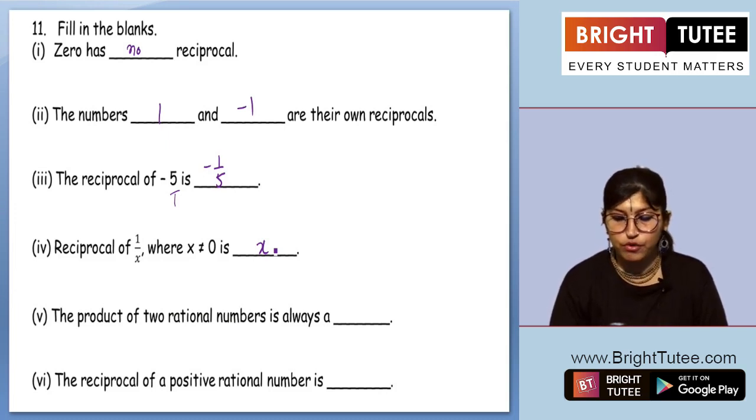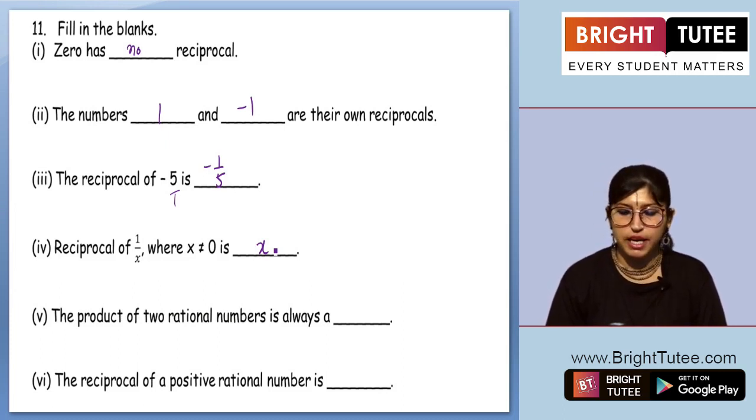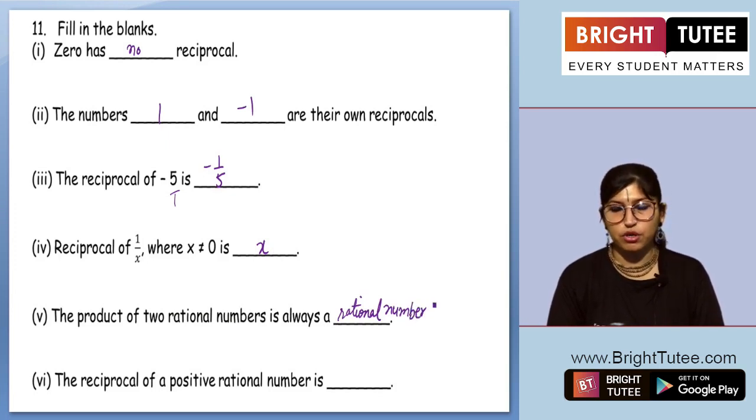Now the product of two rational numbers is always a rational number. You can take any two rational numbers, multiply them, take out their product, you will always get a rational number as your final answer.